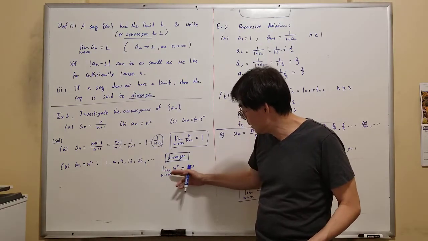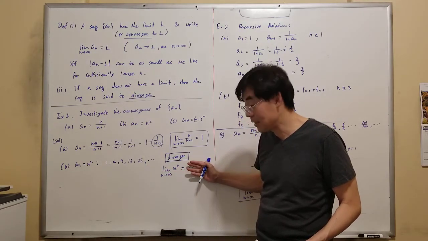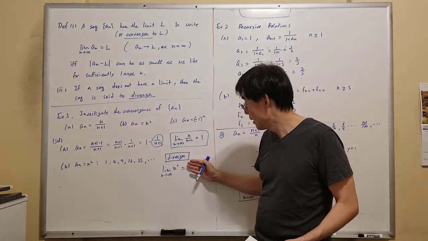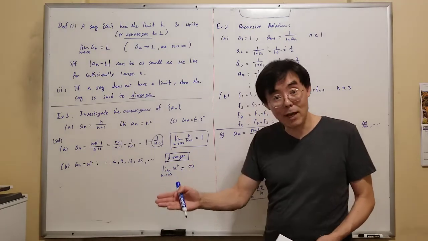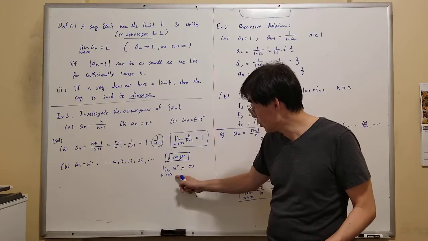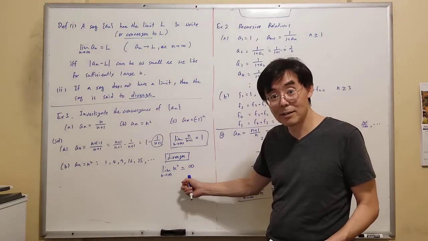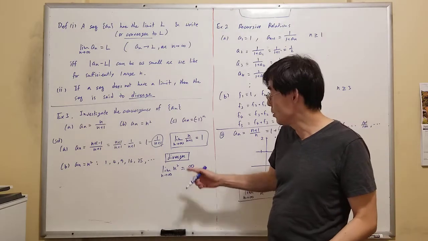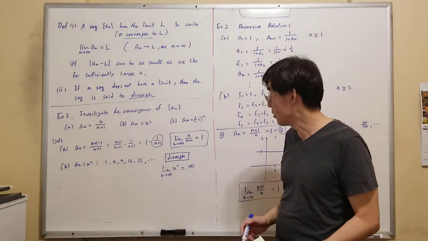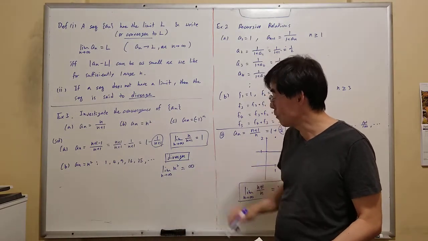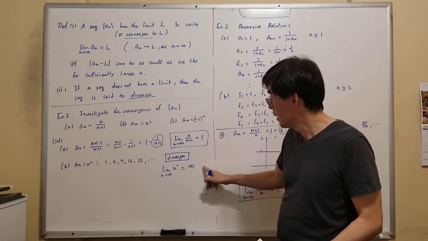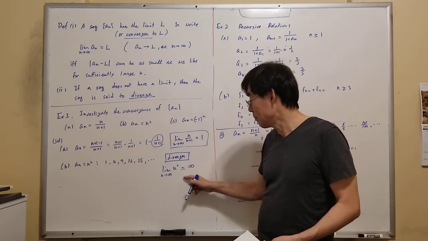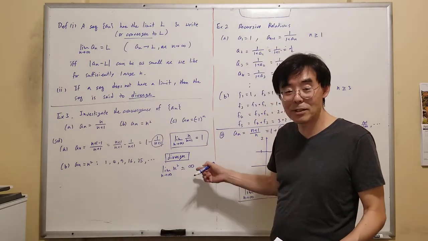Yet we use this notation, limit of n squared as n goes to infinity, as if this is supposed to be a limit value. Now we are using this notation even though there is no limit. So this is in a sense the abusive usage of the notation, right? We accept this because it is convenient.